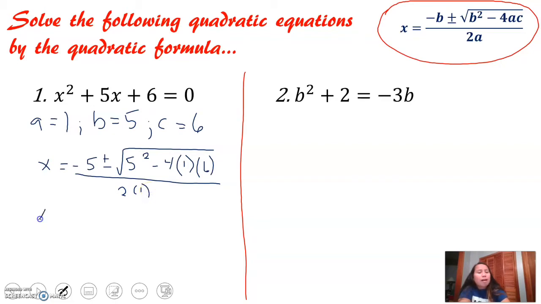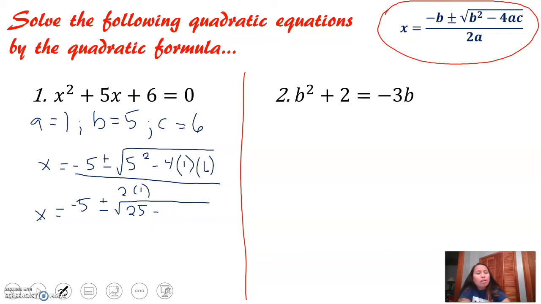Now guys, it looks complicated, correct? Always remember your order of operations, your PEMDAS rule. We do the inner part of our formula, which is in that square root sign. So I'll just copy -5 plus minus 5 squared is what? 25. 5 times 5 is 25.